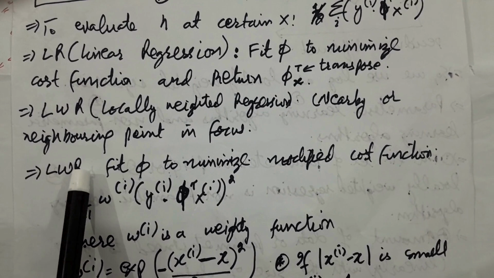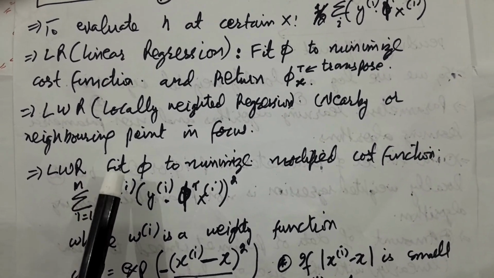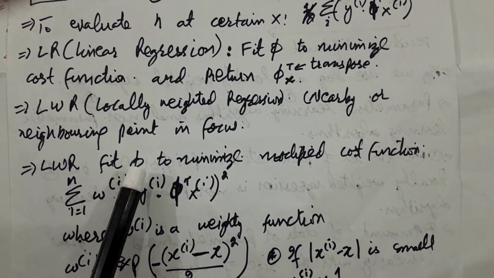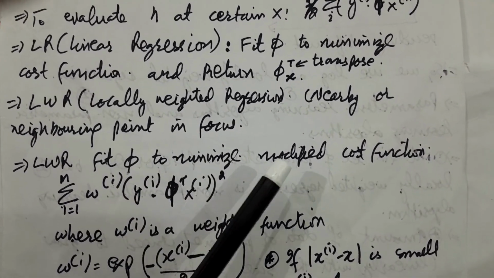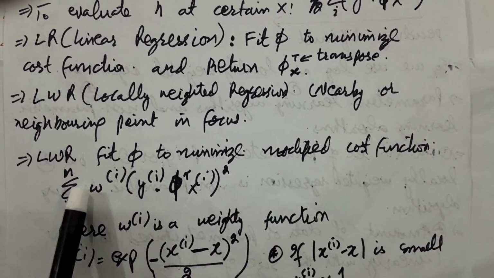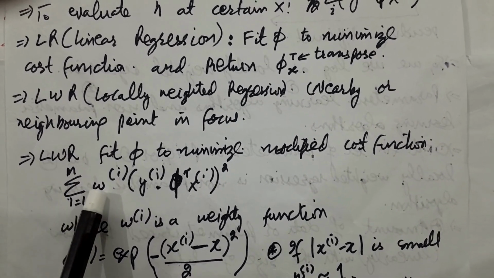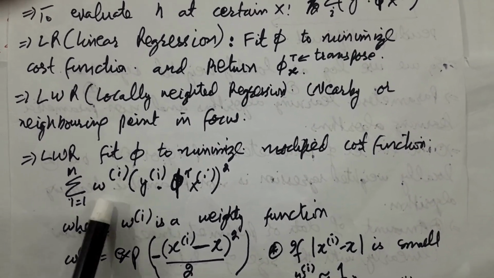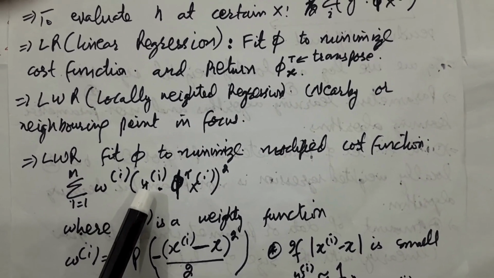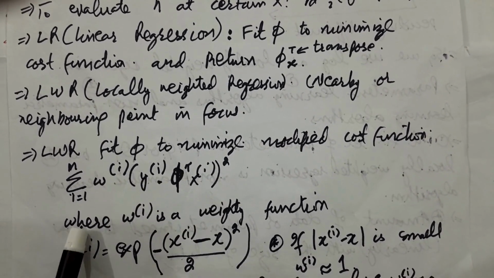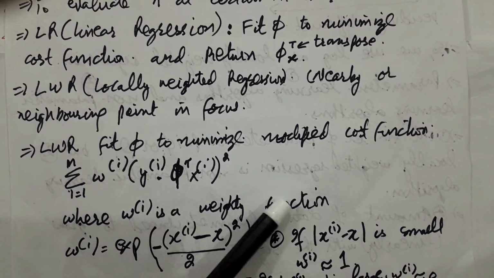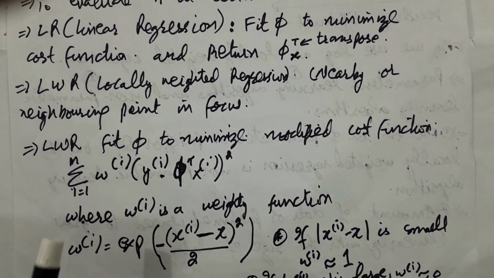So locally weighted regression fits phi to minimize the modified cost function. That is the modified cost function, i equal to 1 to n, with wi, that is the weight, with yi and so on, where wi is a weight function. We have introduced it.